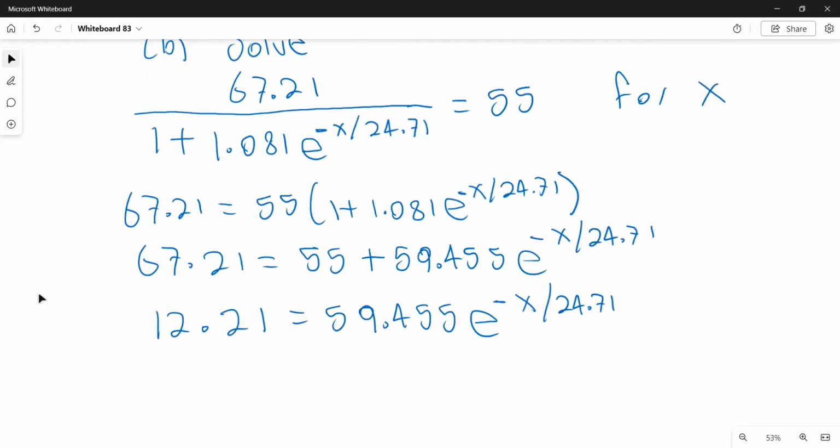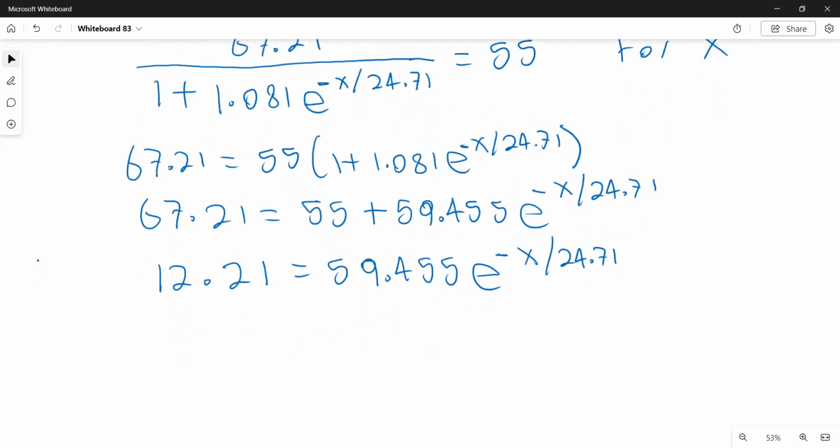Okay, so we're almost there. What I'm going to do next is divide the right-hand side by 12.21. And this exponential with negative sign, I'm going to pass it to the left-hand side with positive sign.